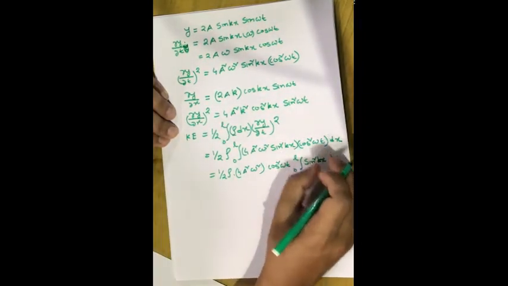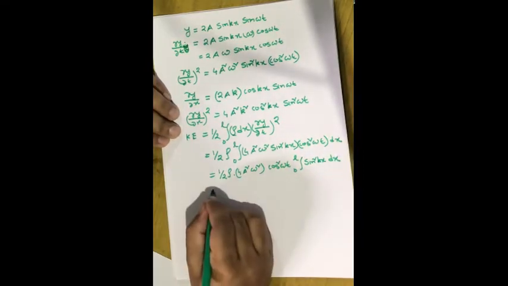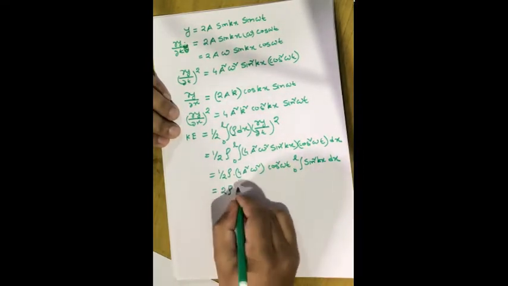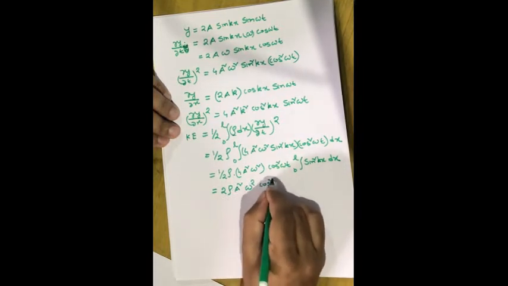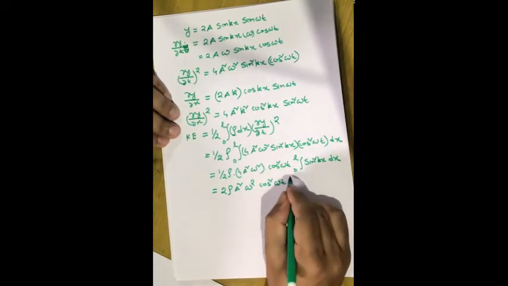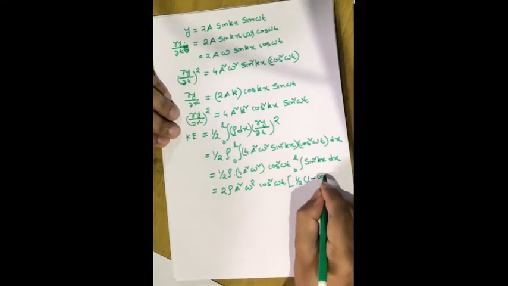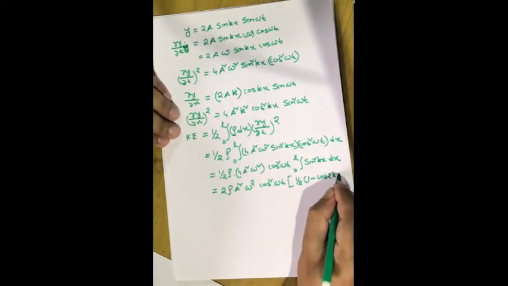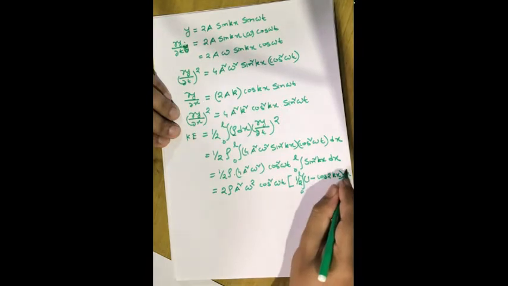This term is constant with respect to x, so basically we have taken it out. So this will be 2 rho a square omega square cos square omega t, and sin square kx we can express as half into 1 minus cos 2kx, dx from 0 to L, right?